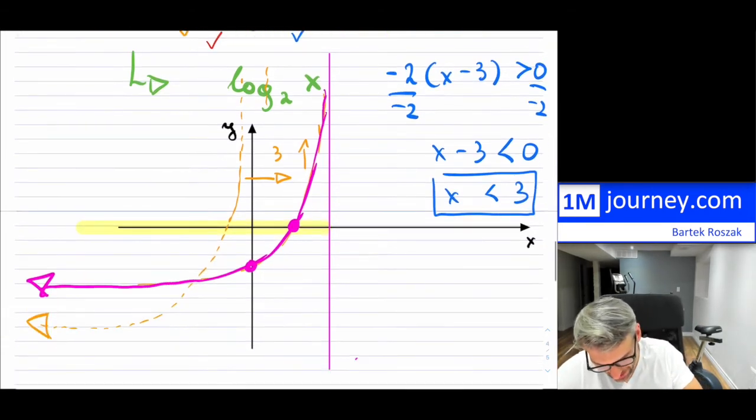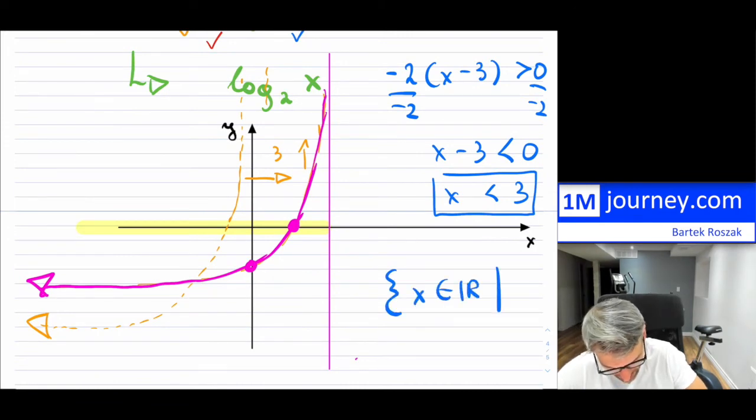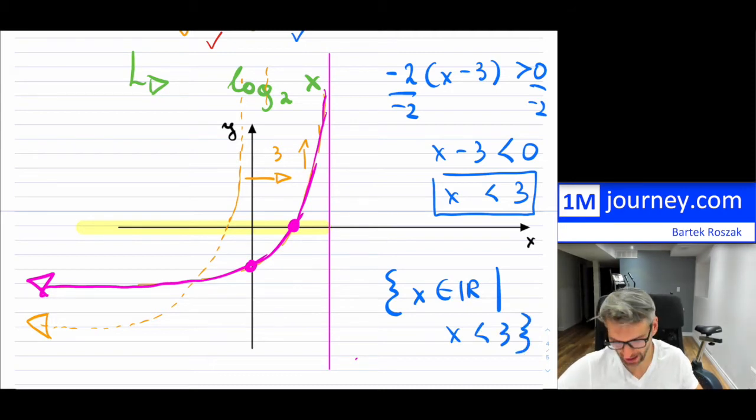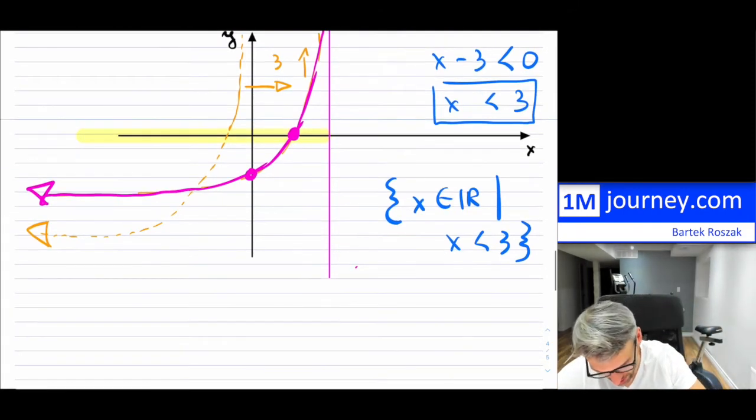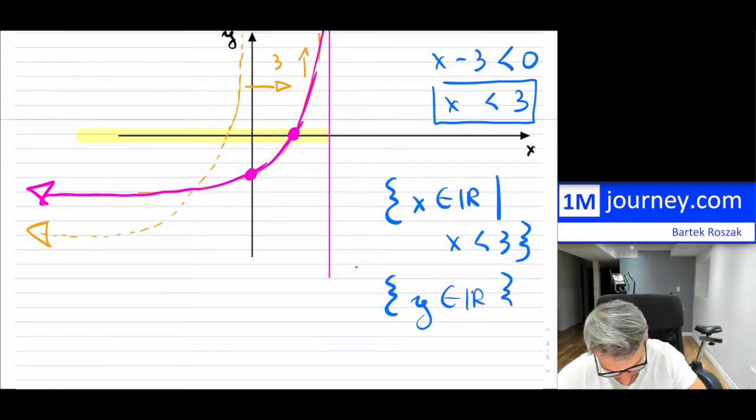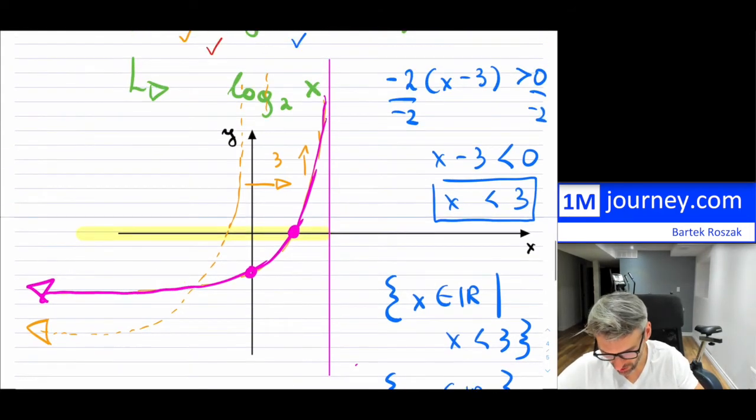So the domain, as a set, is x in R such that x is less than 3. That's my domain. And my range, y, is going to be all the values. There are no restrictions there, because it's a log.